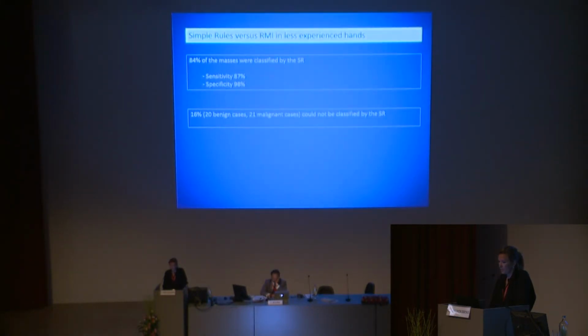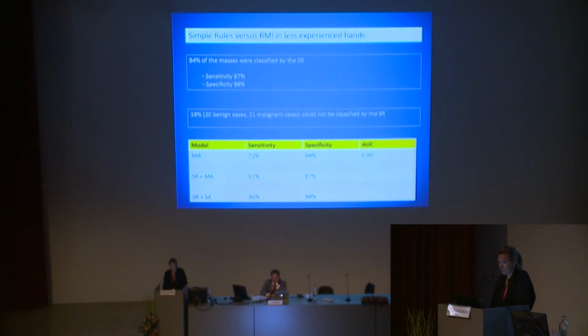Here you see the performance for simple rules versus RMI, and you see that 84% could be classified by the simple rules and 16% were inconclusive. So now you see the performance. RMI only achieved a sensitivity of 72%, and there was a good performance for simple rules with malignancy as second step or with subjective assessment as second step.